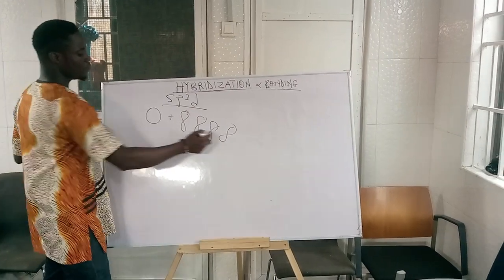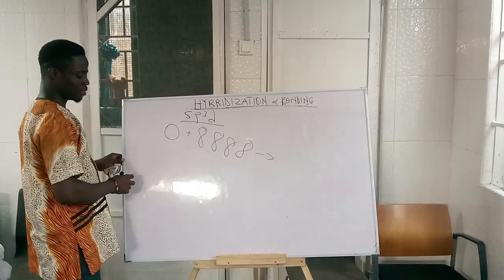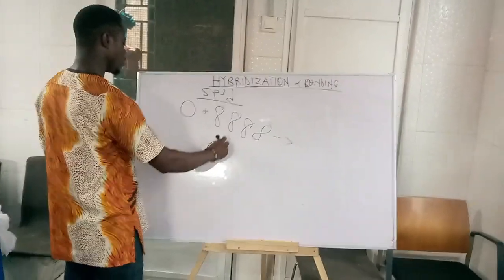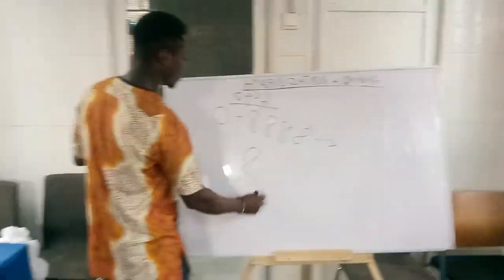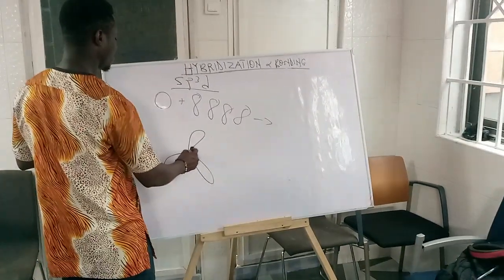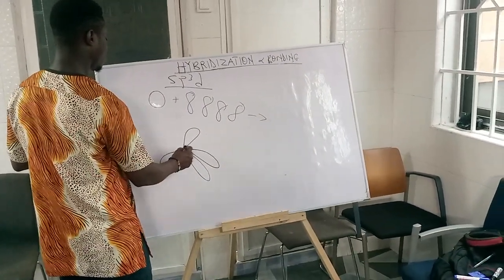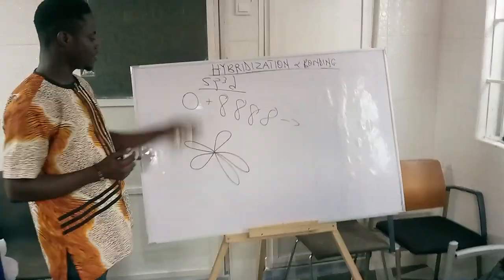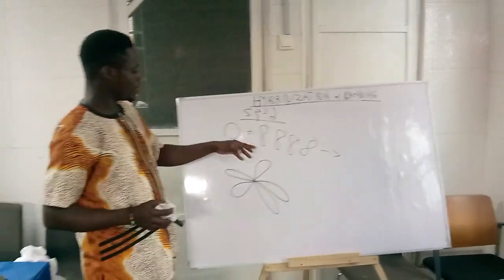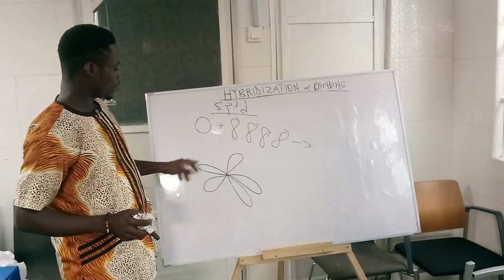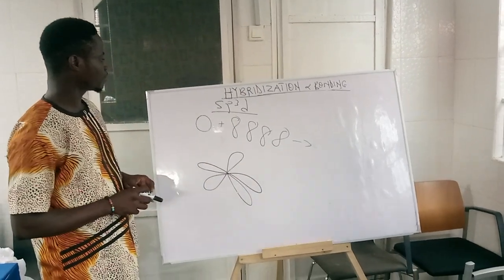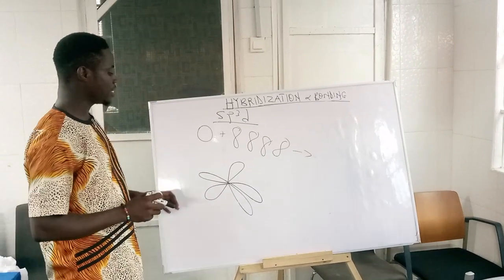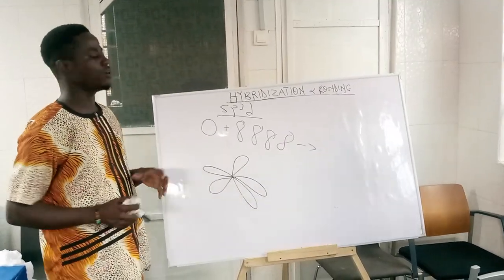Look at how the formation goes. If you look at this type of hybridization, how many hybrid orbitals are formed? We have 1, 2, 3, 4, 5. So under sp3d hybridization, we form 5 new hybrid orbitals.